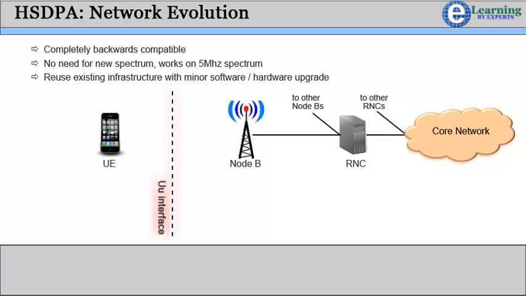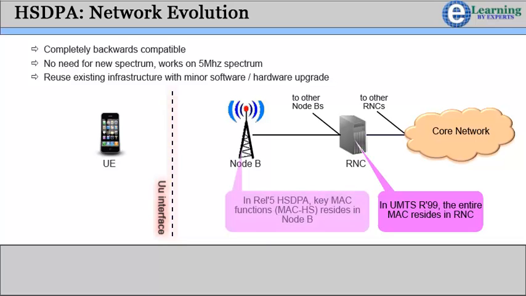Specifically, the medium access control, MAC, functionality, which fully resided in the RNC in R99, is split between the RNC and Node B in REL 5. In REL 5, most of the key MAC functions, critical to delay and performance, are defined by the MAC HS, which is located in the Node B.